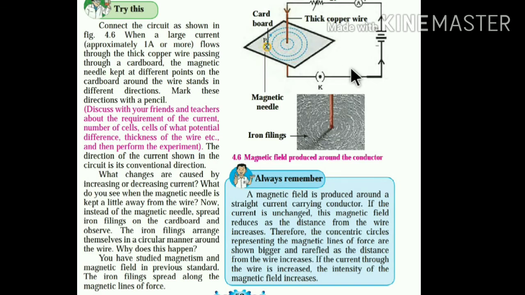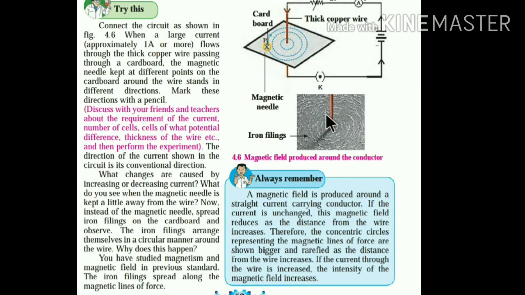The magnetic field produced by a given current carrying conductor decreases as the distance from the conductor increases. So when we increase the distance of this magnetic needle from the current carrying conductor, the magnitude also decreases. We can do this experiment by using the iron filings also. The iron filings are arranged like this.